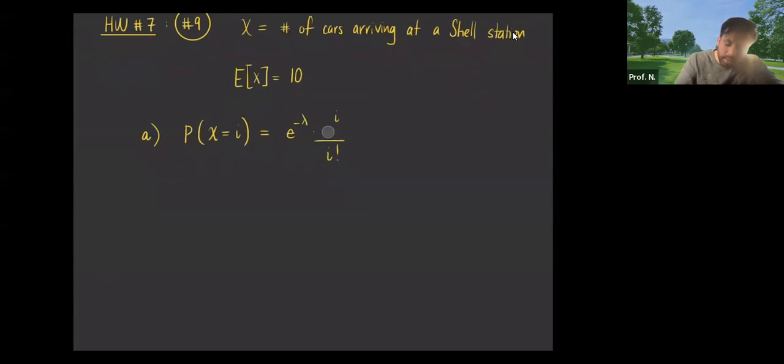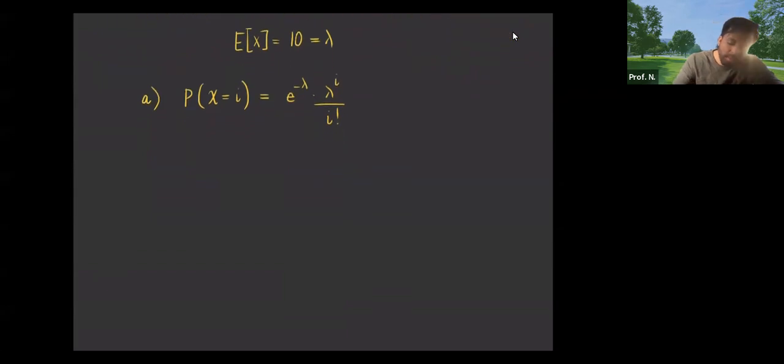And we know that lambda is the expected value of the Poisson distribution. So what we have here is the probability that X equals 1. This is e to the negative 10 times 10 to the first power over 1 factorial.